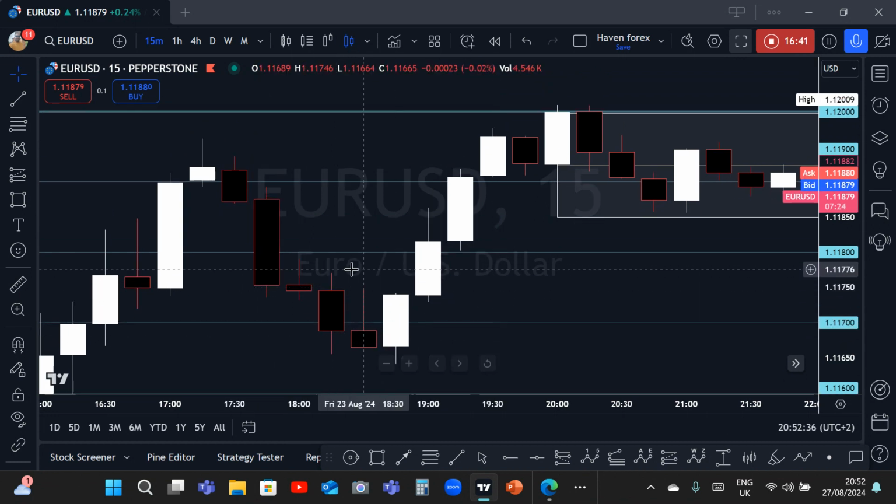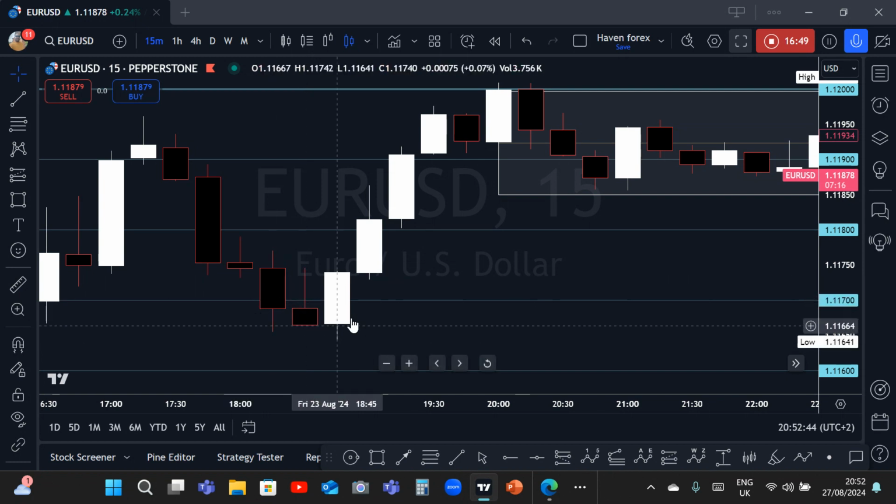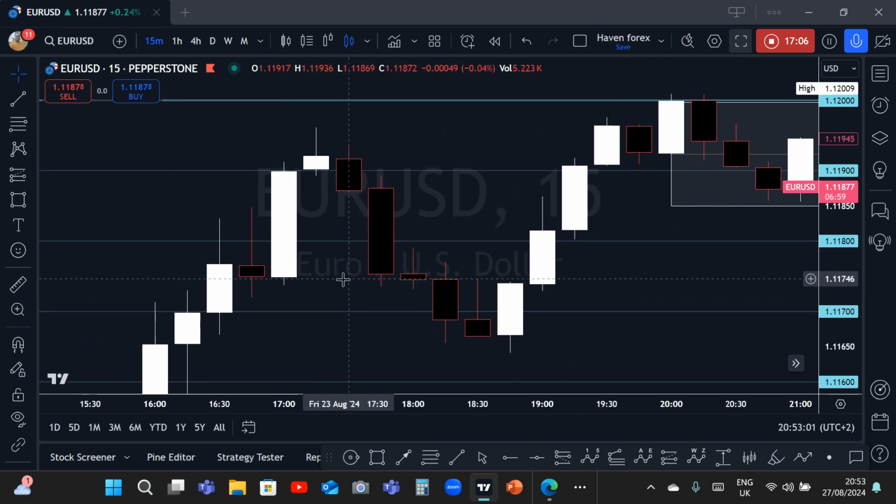All right, this is a pattern. This one is what we call a morning star, and it signifies a bullish reversal. Once you see it form like this, you just know that okay, the trend wants to change to become bullish.